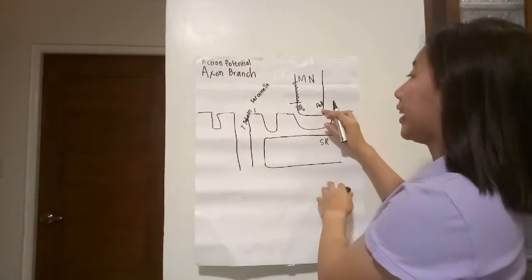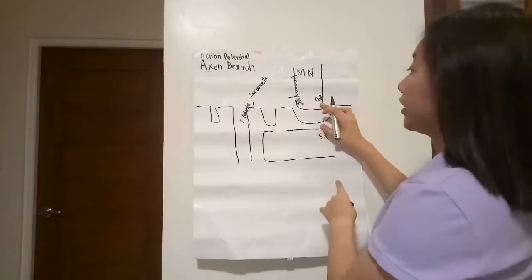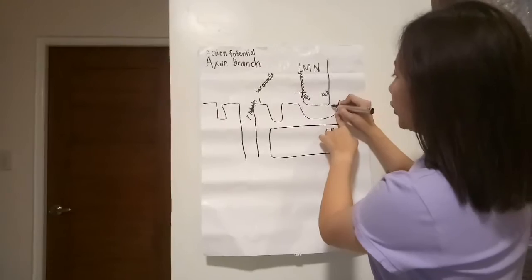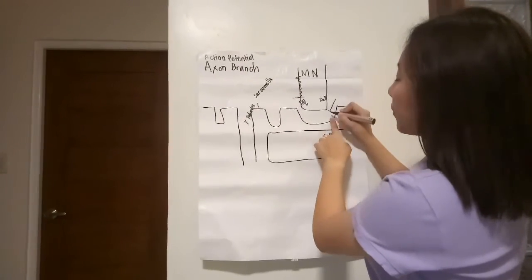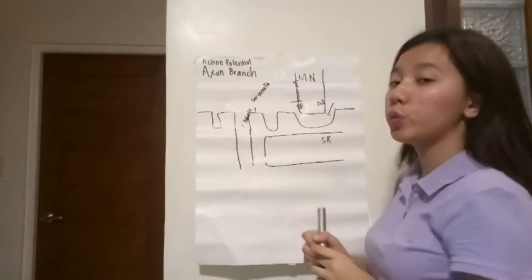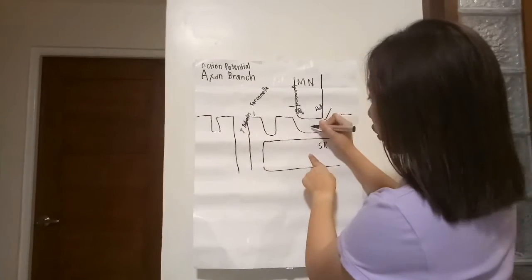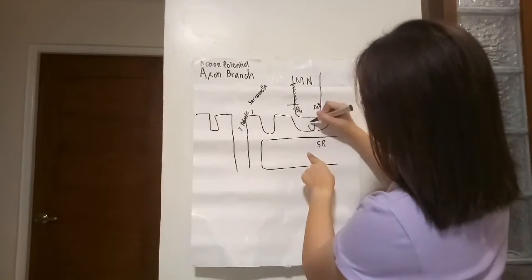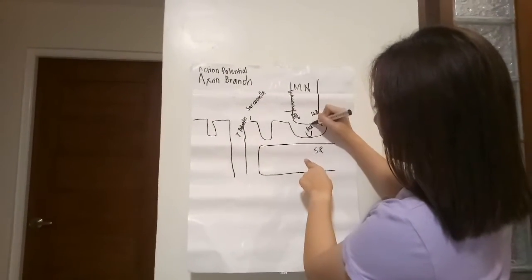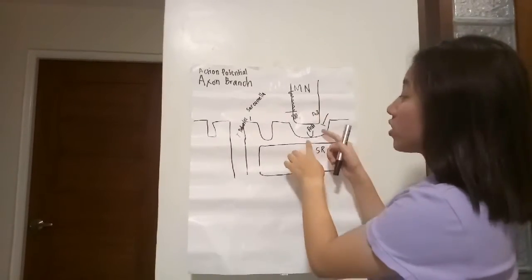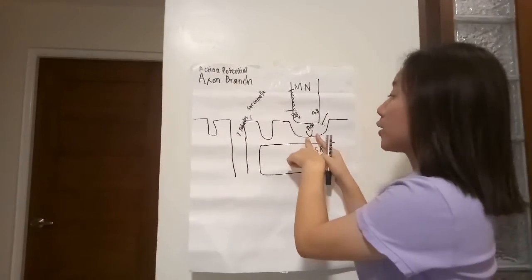Once the ACh or acetylcholine is released, it would then travel to the synaptic cleft and bind to a receptor. This receptor is a sodium channel.